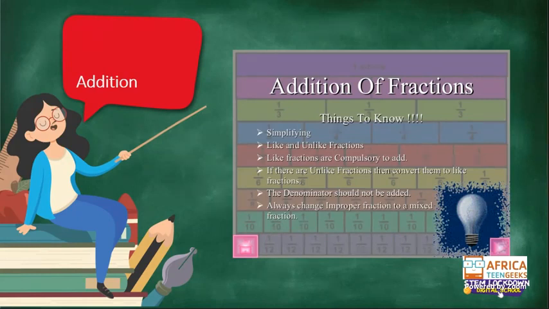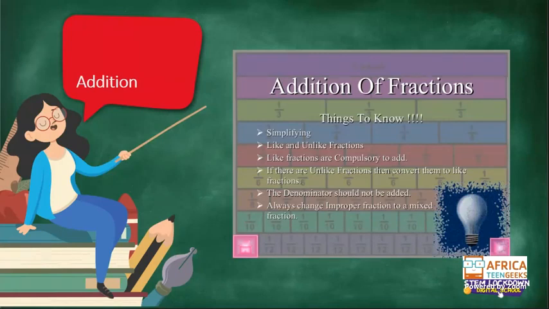If they're unlike fractions, then you have to convert them so that they are like fractions. And then the denominators should not be added. They should remain the same. I'll show you an example just now.